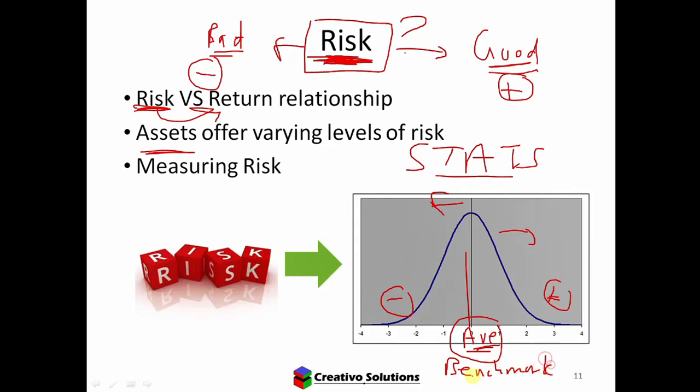So if we look at all the funds out there, all the stock exchange companies, or the top 40 stock exchange companies, or we could look at the resources index, the financial index.